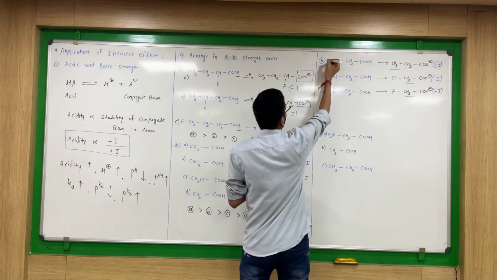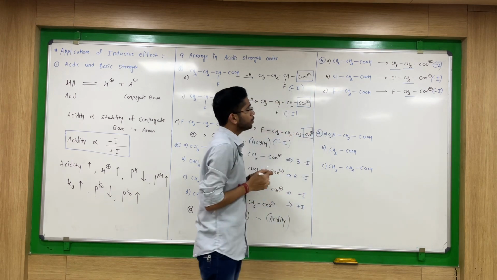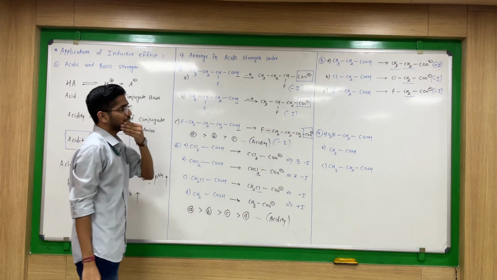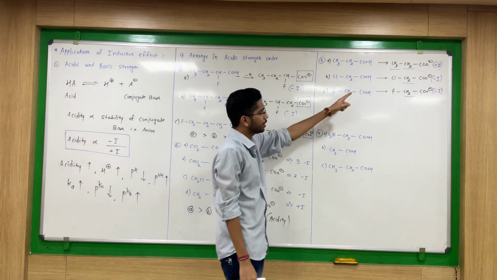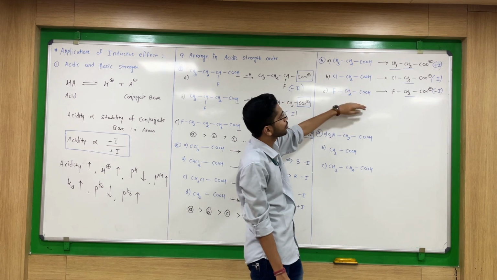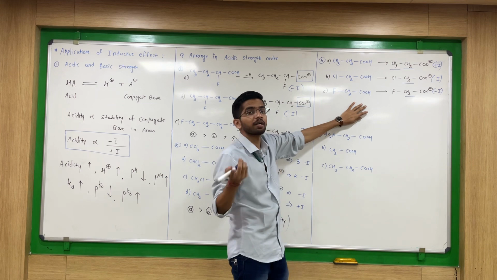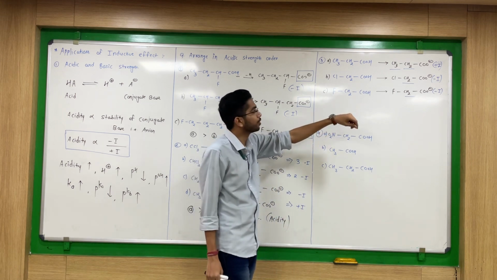Consider this as A, this as B, this as C. Now what is the order? First thing I have to see the distance. Now here distance is same. Next thing I have to see numbers. Numbers is also same. Third thing I have to see the strength, right? Strength we have to see.